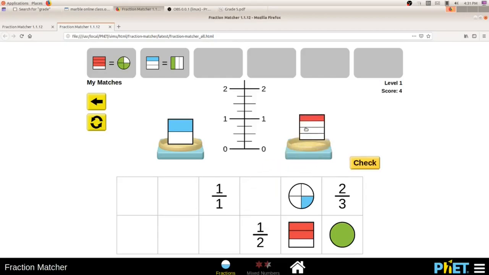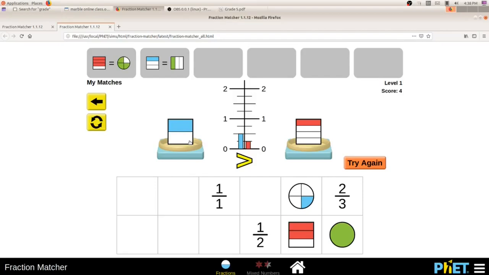So I am going to place this. Now I am going to check. Oh, this is a wrong answer. It is showing it is a wrong answer. So can you see here the try again button? Yes, that means if you make a mistake for the first time, then it will show the try again button.